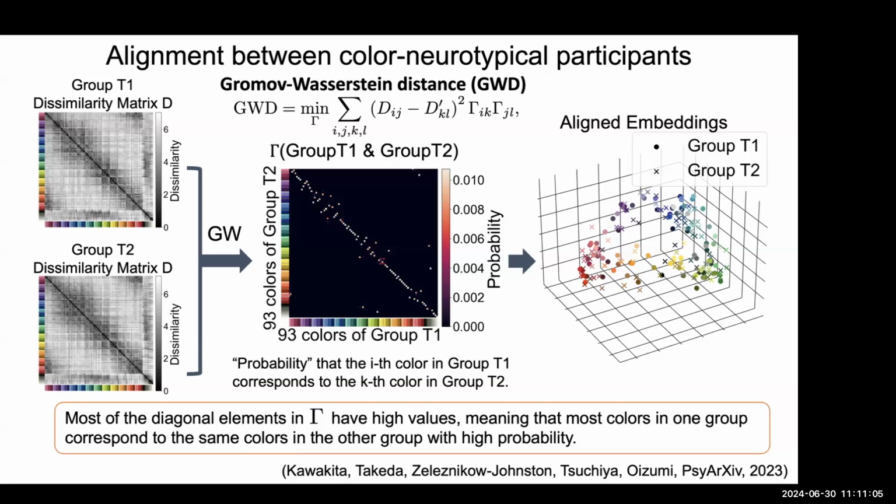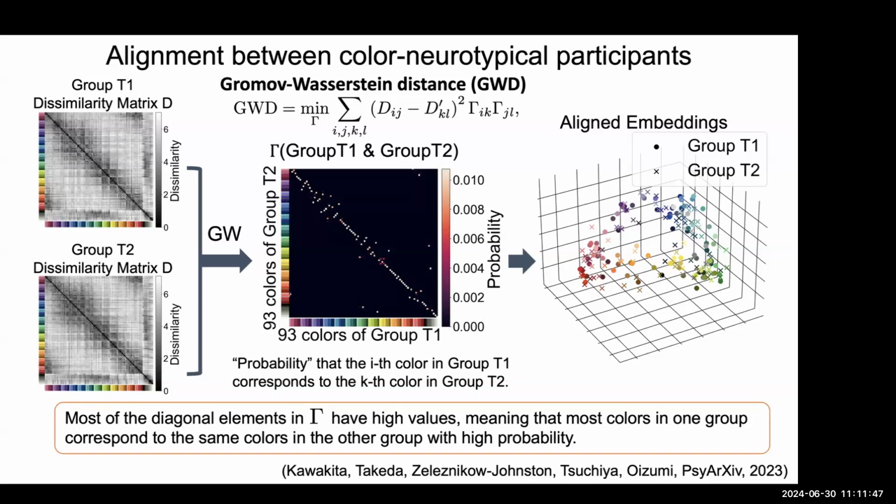Each participant only gives us 200 reports of similarity judgments, so to fill in all of the dissimilarities in this 93 by 93 matrix, we aggregated the similarity responses from many participants. And then we get the averaged response from color neurotypical participants group 1 and color neurotypical participants group 2. Based on these dissimilarity matrices, we did this Gromov-Wasserstein optimal transport.